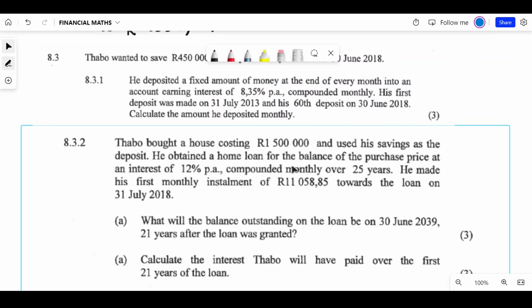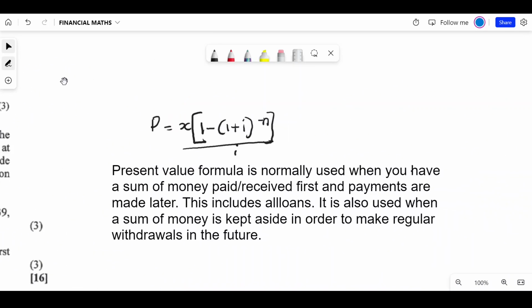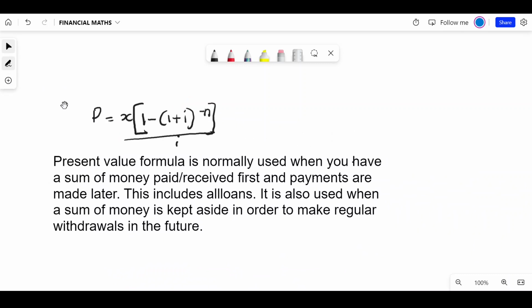So here it's the present value formula. Before we go to the problem, let me explain a few things about the present value formula. The present value formula is P equals x times (1 minus 1 plus I to the power negative n), the whole divided by I.